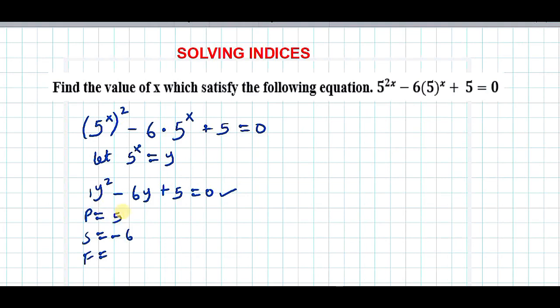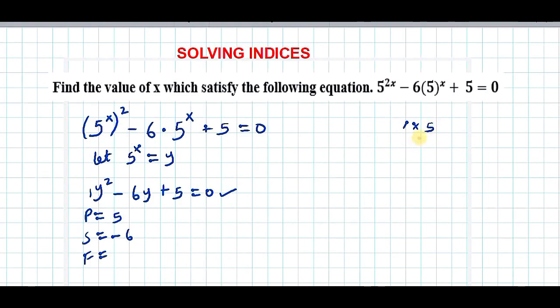We can always determine the two factors as follows. We have the product as 5, so we're going to look for the factors of 5. We can list them. 1 by 5 is 5. 2 is not a factor of 5. 3 is not. 4 is not a factor of 5. And the next number is 5, and 5 is already here. So we have 1 by 5. So these are the only factors.